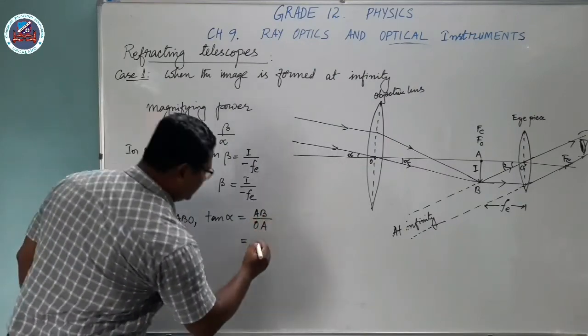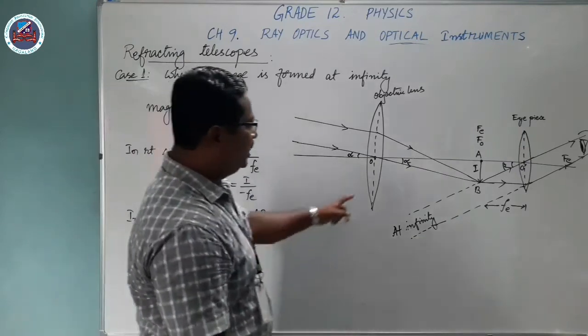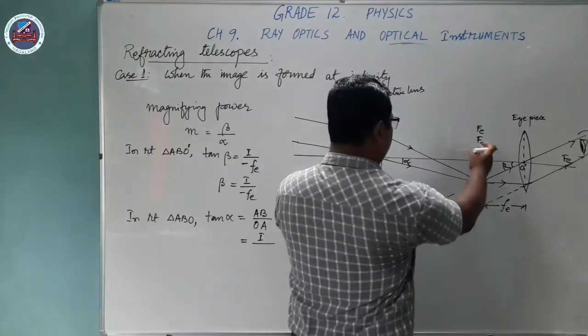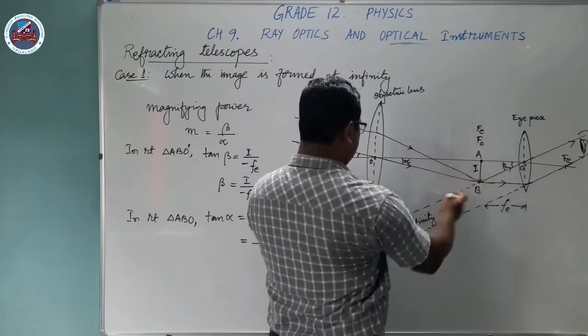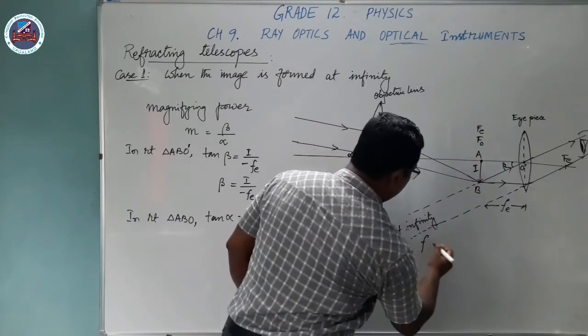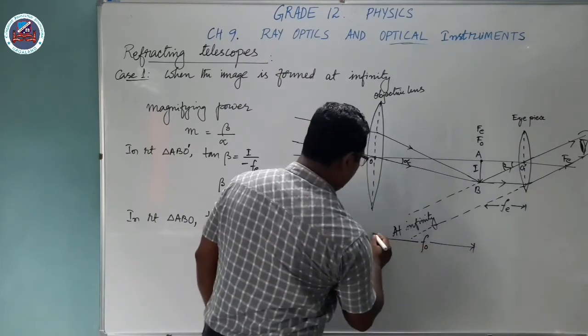Now AB we are taking as I, the size or height of the image. OA is what? If you look carefully, here itself FO also coincides. This is the principal focus of the objective lens, and this distance is called the focal length of the objective lens. We write it as small FO.